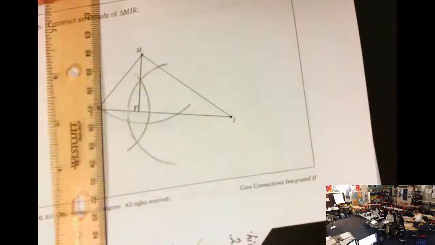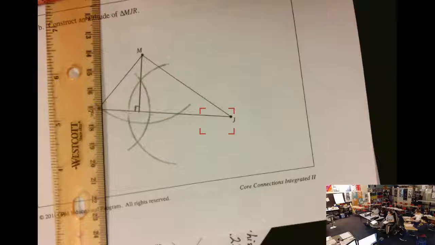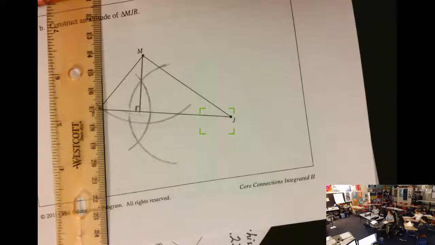So I'm trying to get the zoom to come back. Oh, it's not a right triangle. It's not a regular one. Now, is that a median? Why? Because it doesn't go to the midpoint of the line. Yeah, medians must go to the midpoint.